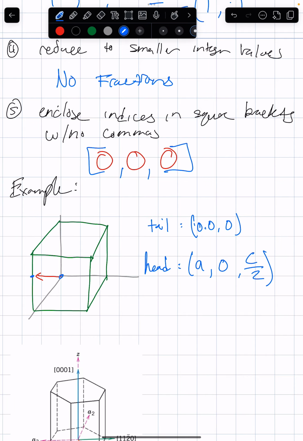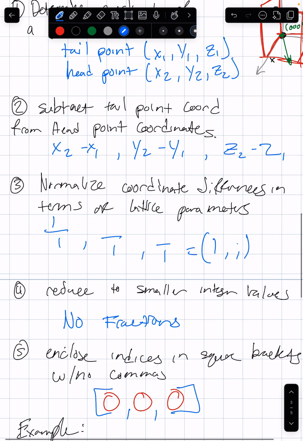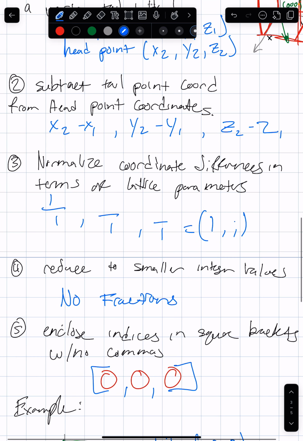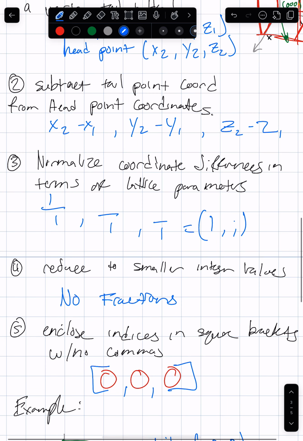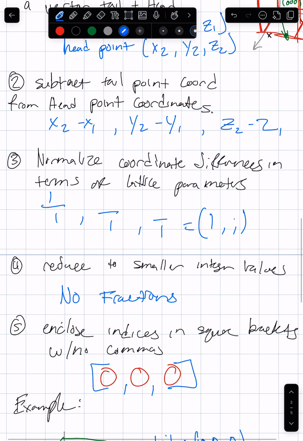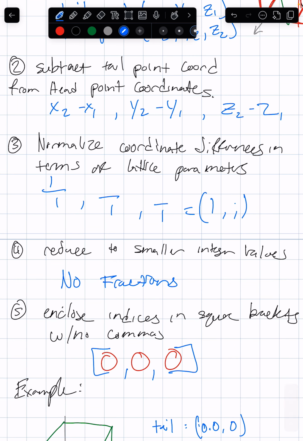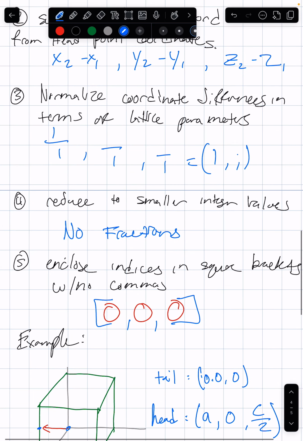Next, we are going to subtract our tail coordinates from the head point coordinates, and then also normalize the differences in terms of the lattice parameter.